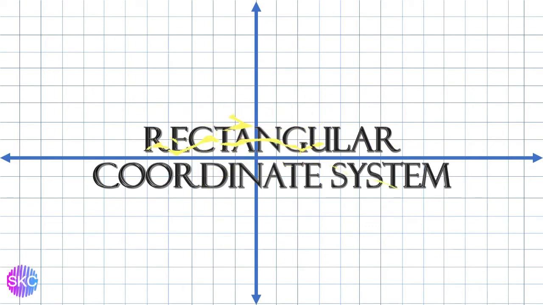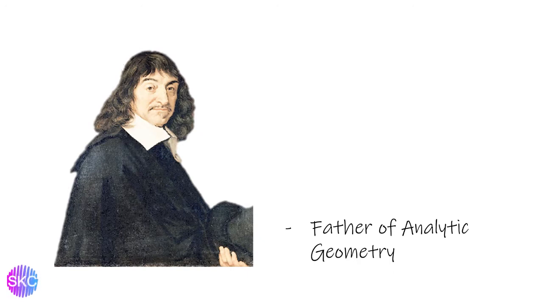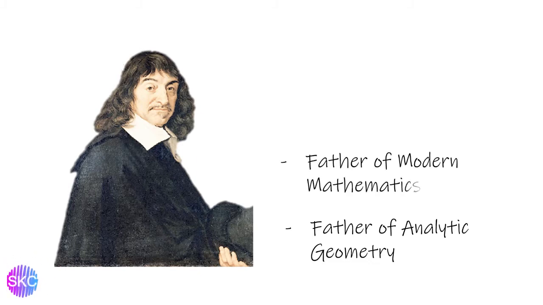Actually, siya yan. And he is a French philosopher and also a mathematician and was considered as a great influencer of modern times. So, he was known as the father of analytic geometry and also known as the father of modern mathematics.